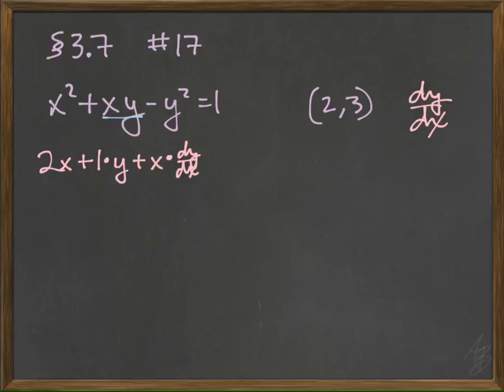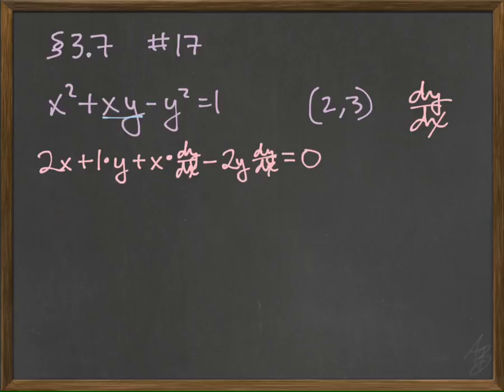Everybody okay with the product rule there? Minus the derivative of y squared, equals the derivative of 1, which is 0.